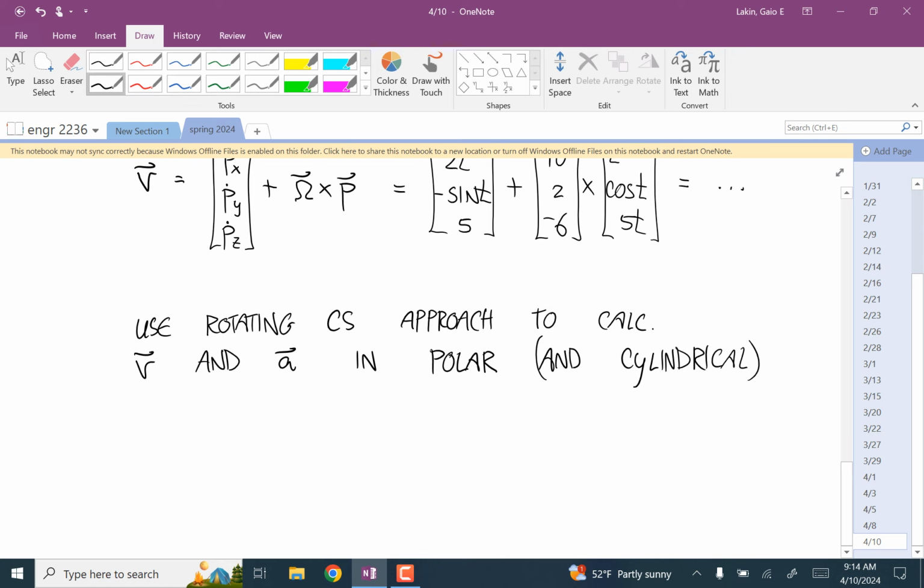I'm going to emphasize polar more, but they're really the same. The cylindrical coordinates just have a separate z thing going on.